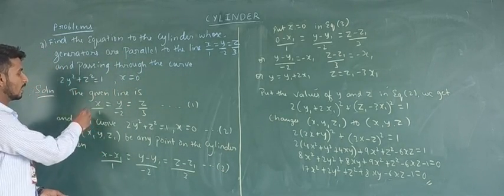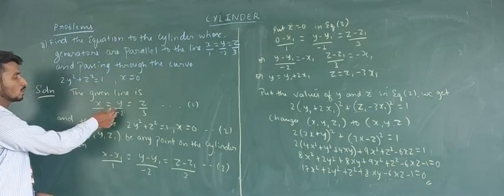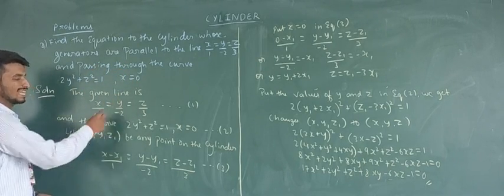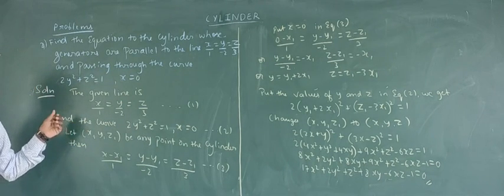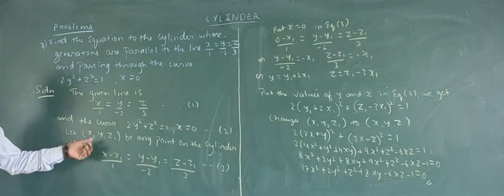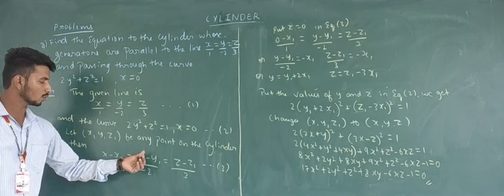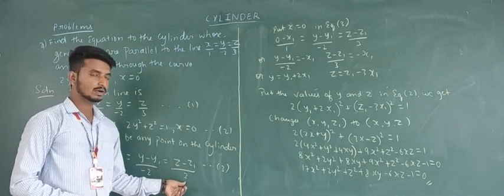We have considered a generator line parallel to x by 1 equal to y divided by minus 2 equal to z divided by 3. When the point x1, y1, z1 lies on this line, then it will be x minus x1 divided by 1 equal to y minus y1 divided by minus 2 equal to z minus z1 divided by 3.